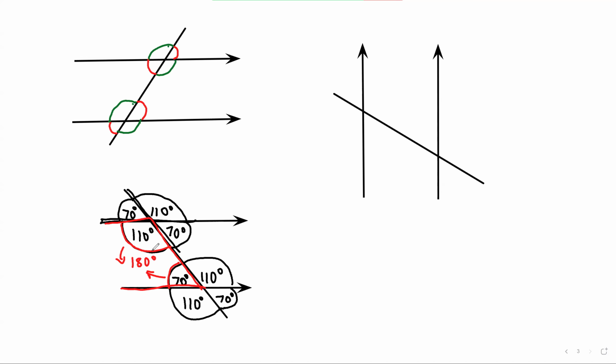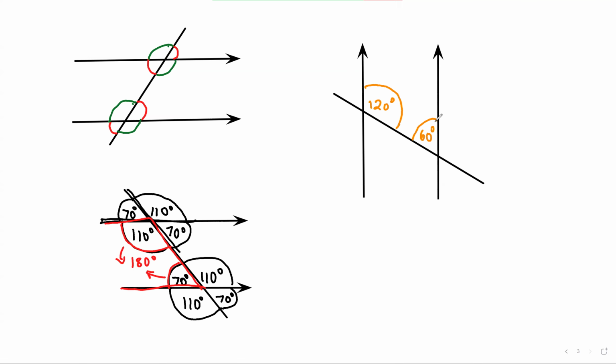All right, so those interior angles on the same side of the transversal add up to be 180 degrees. So in this diagram here on the right, if I know that this angle over here is, let's say, 120 degrees, then I can figure out what this one here is because they both add up to 180. So this angle here would actually be 60 degrees.